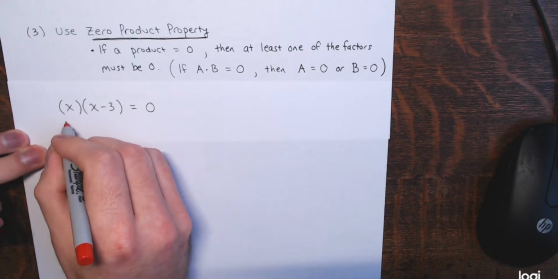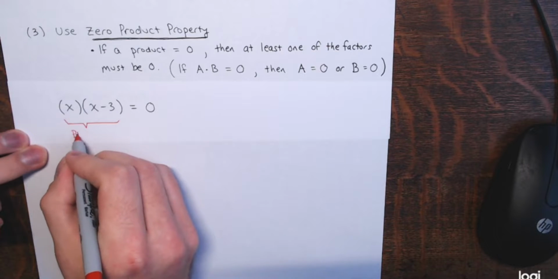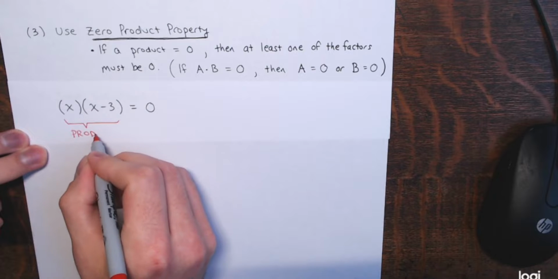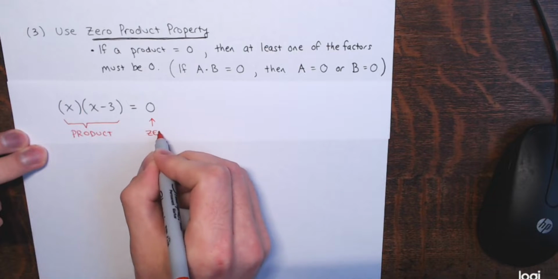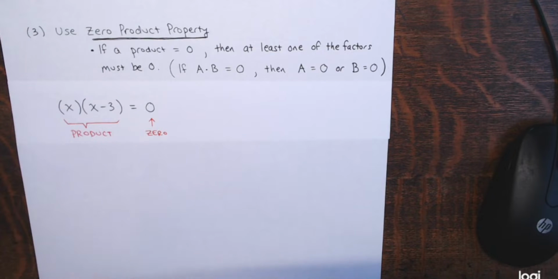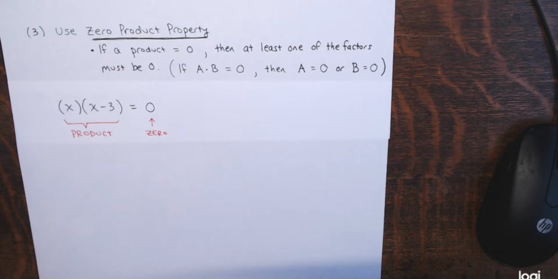We have a product of several factors on one side, equal to 0, and it must be 0 on the other side. It can't be a product equal to another number. You can't apply the zero product property unless the product is actually equal to 0.